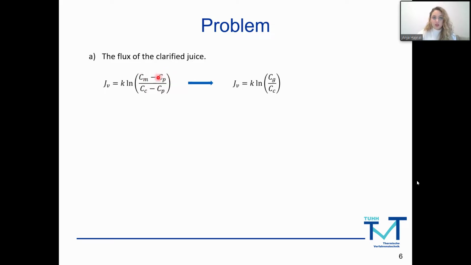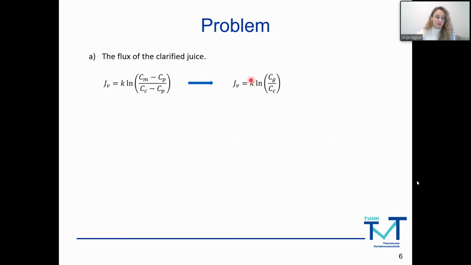Here is the concentration in our permeate stream, and Cc is our concentration on the feed side. Now, if we assume 100% retention, or that this concentration at the permeate side is negligible, then our flux can be calculated in this way.